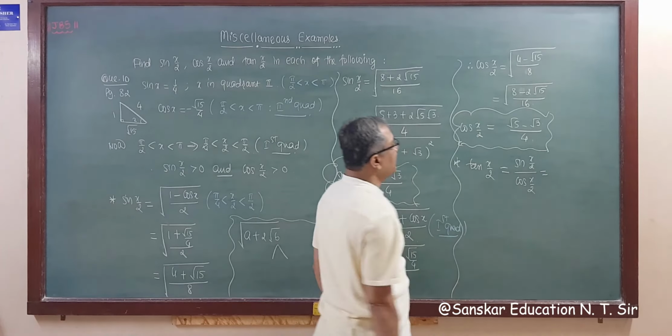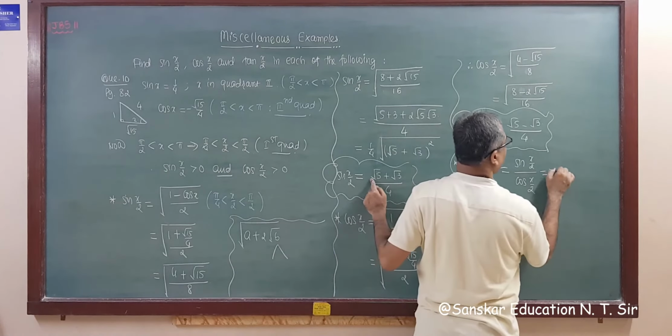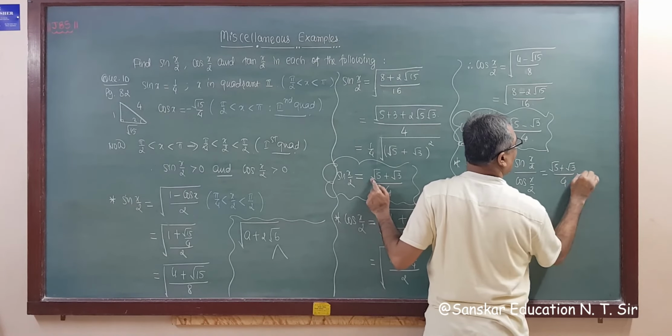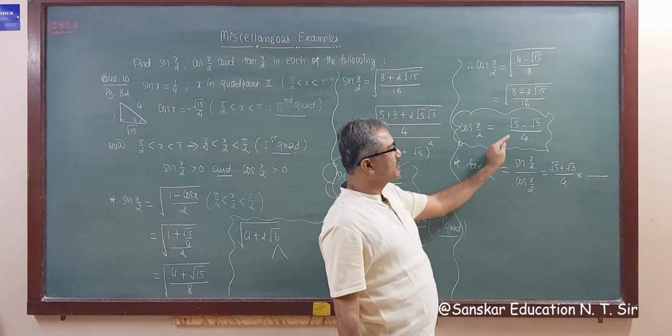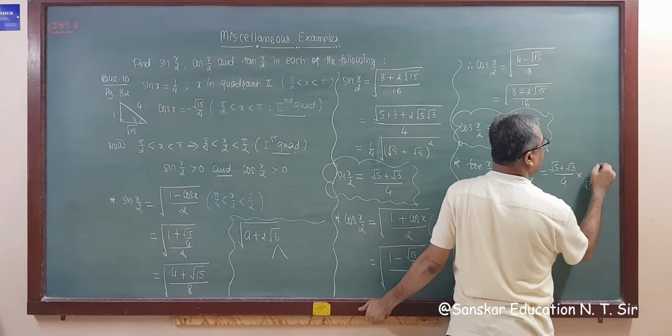Now sin x by 2 is root 5 plus root 3 by 4, and cos x by 2 is root 5 minus root 3 divided by 4.